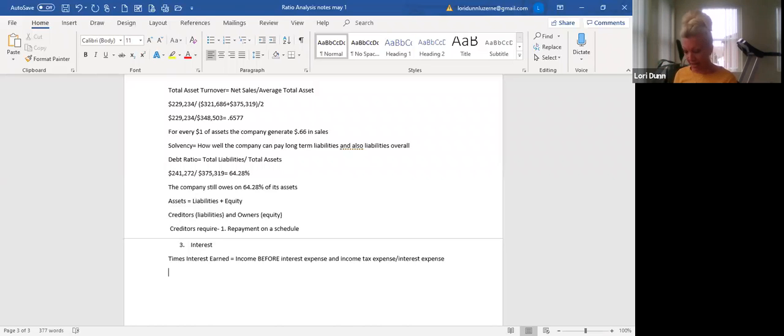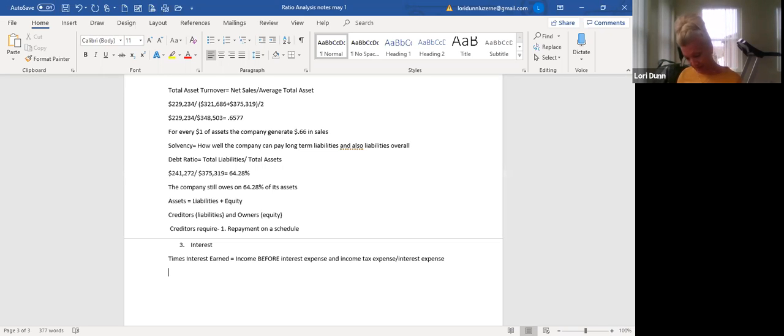If you look at Apple's income statement, their net income, it gives their provision for income taxes. It gives their other income net. Now, that other income net would include interest expense and other income items.